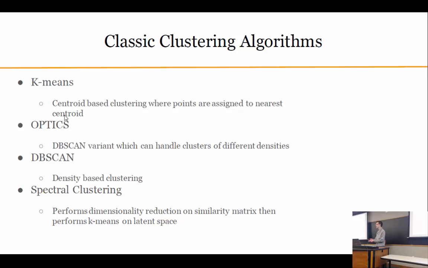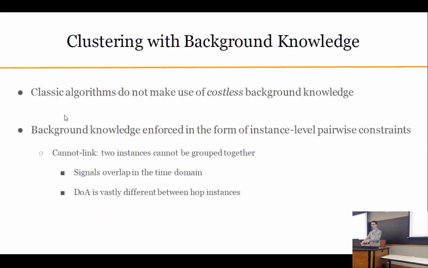These are just a few other algorithms that I tested out without constraints, obviously, just using the parameter sets alone. And I found that k-means and DBSCAN work the best. But the reason I chose k-means is because there was an algorithm developed that modified k-means in a way to make it a little bit more intelligent. And I'll get into what that actually means.